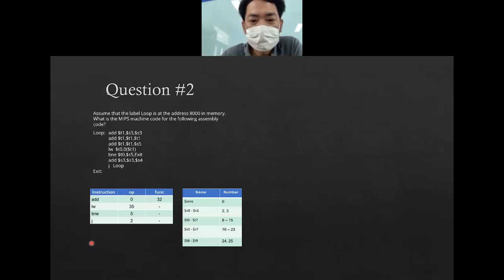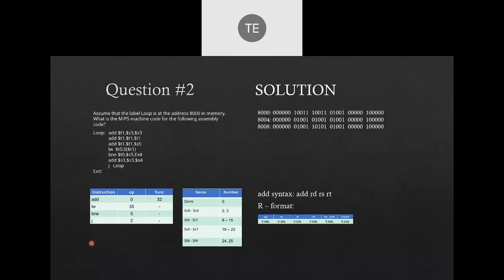So I will lead the presentation for the question to answer. First of all, the question asks: assume the label loop is at the address 8000 in memory. What is the MIPS machine code for the following assembly code?